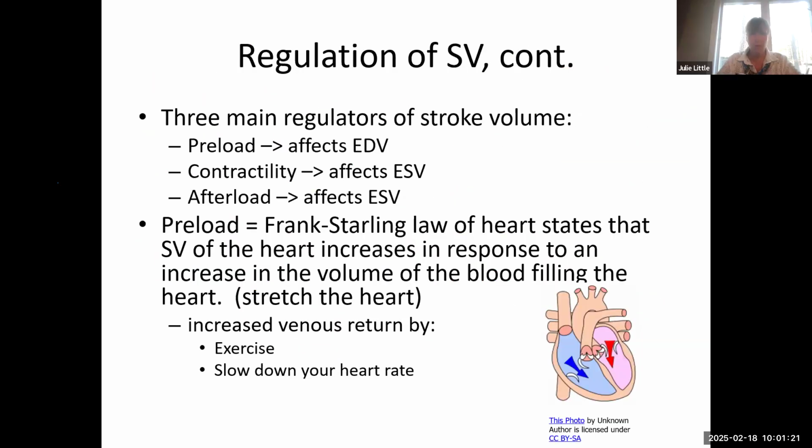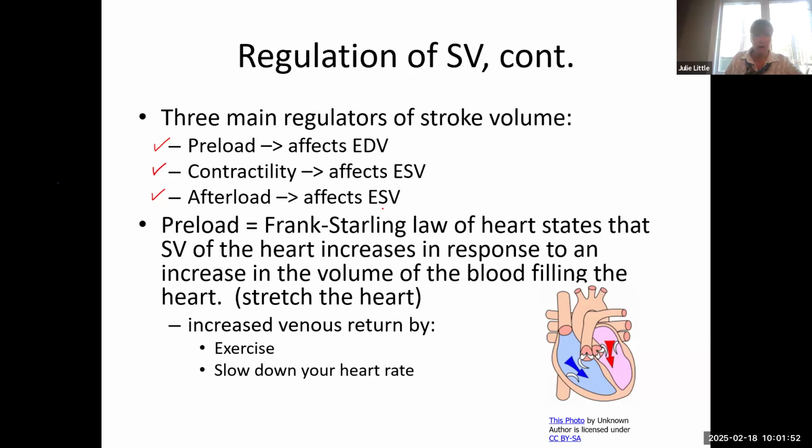Okay, so when it comes to stroke volume, we know stroke volume is affected by end diastolic volume and end systolic volume, but we can word this differently. Three main things affect how much blood leaves the ventricle during contraction: preload, contractility, and afterload. Afterload we just described; it's the amount of pressure the ventricle has to overcome to send blood up into the aorta.